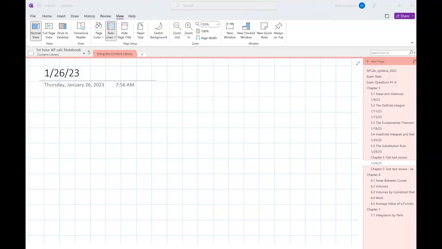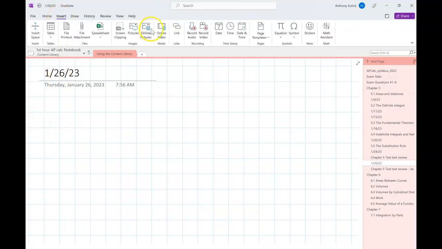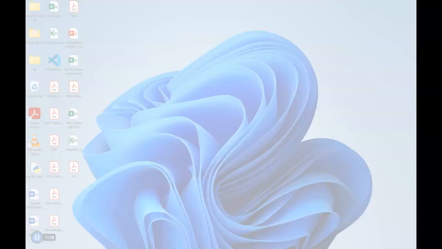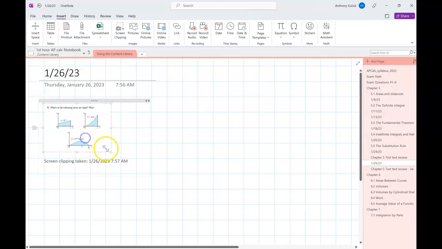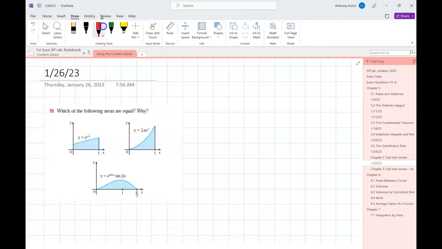All right. 79 on 5.5. So it says, which of the following areas are equal?